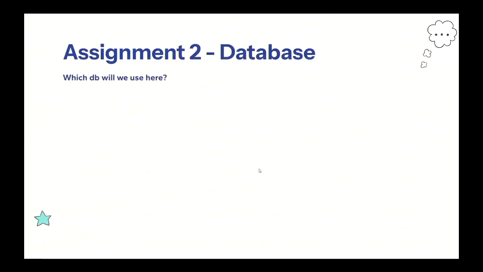And for assignment 2, could you guess which database we will use here? This assignment was complained about as being too hard, the database we're going to use. But I think it's an interesting database, so let's use it again. And I will explain to you why it was complained about as hard.